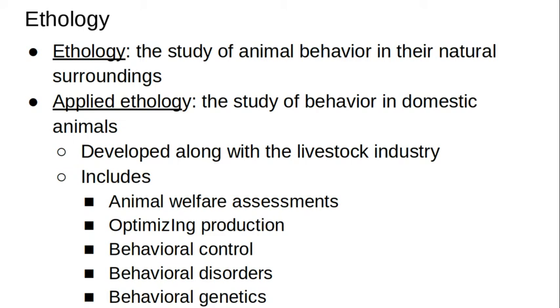Applied ethology was developed along with the livestock industry. As we got bigger industries in the livestock, then we started having areas that would test for animal welfare, optimizing production of animals. It looked into behavioral control, behavioral disorders, and even behavioral genetics.